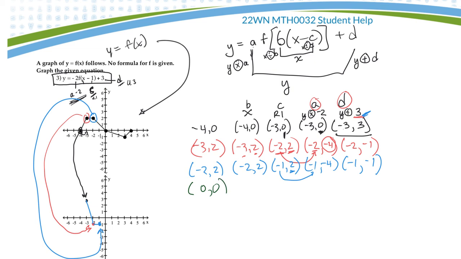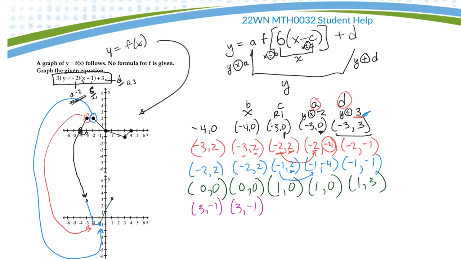Okay, 0, 0. Nothing changes here. Move right 1. Multiply y by a negative 2, and it stays at 0. Move up 3. 1 and 3, right there. So that goes up to there. The next point is 3 and negative 1. Nothing happens with B, but with C it moves right 1. So it's at 3, it'll go up to 4. Then 4 stays. Negative 1 times negative 2 is a positive 2.